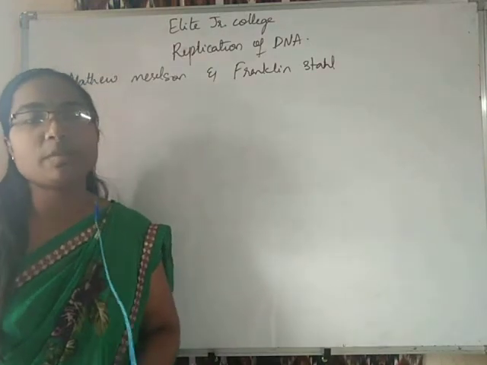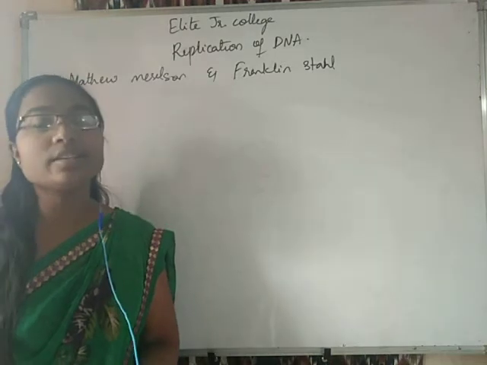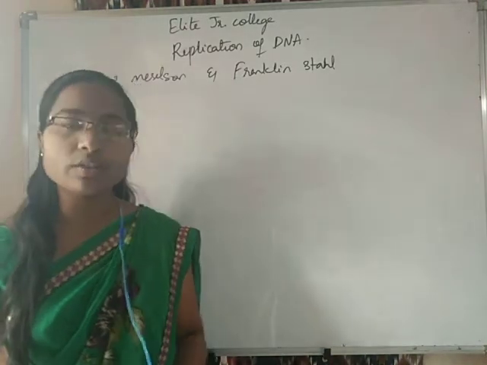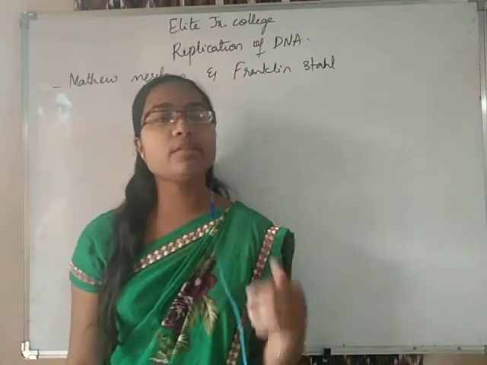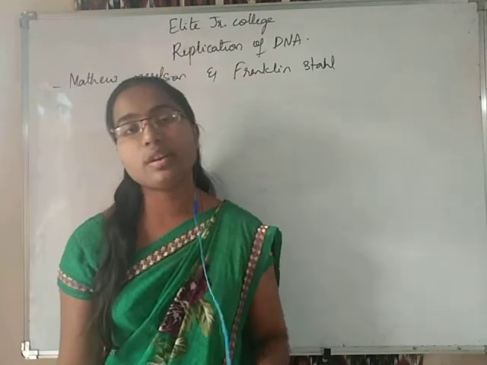According to the experiments performed by these people, we have come to know that DNA is the genetic material. So DNA is the one which is transmitted from one cell to another cell, from one generation to another generation.